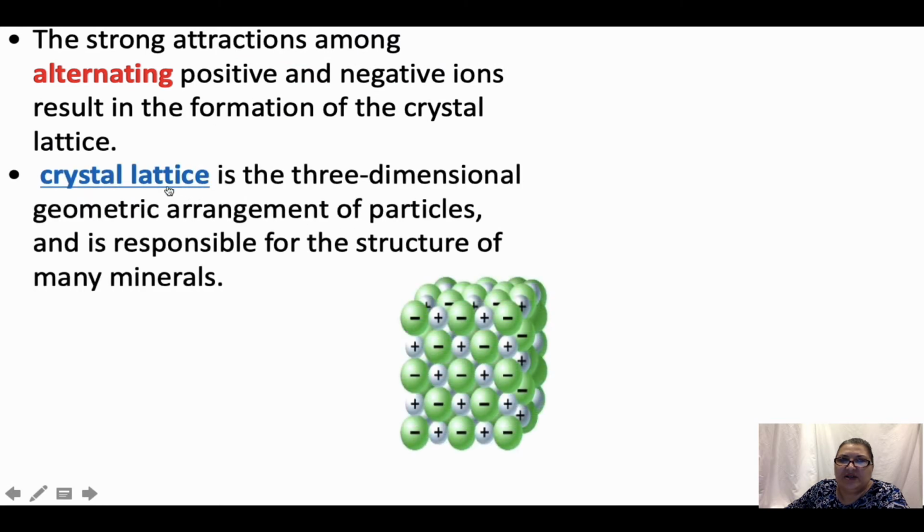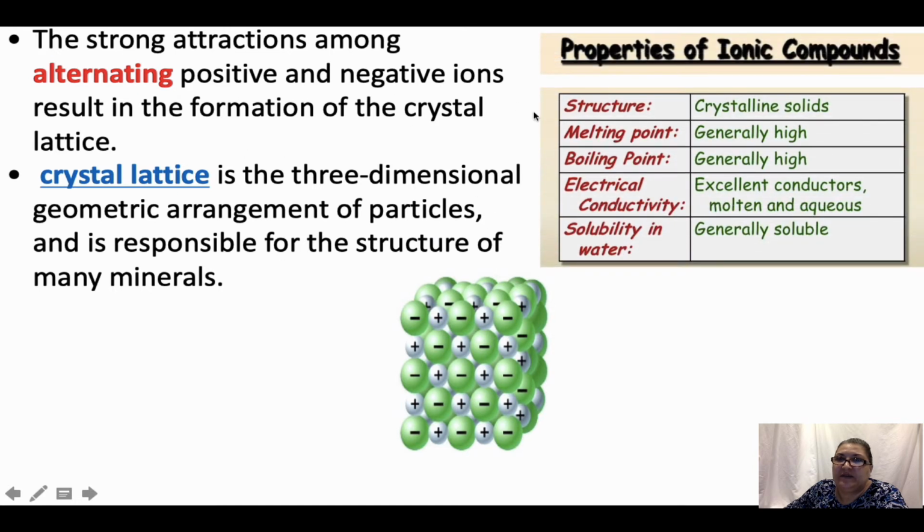The structure is called a crystal lattice, a three-dimensional geometric arrangement of particles in which each positive ion is surrounded by negative ions and each negative ion is surrounded by positive ions. It varies in shape due to the sizes and relative numbers of the ions bonded. Alternating positive and negative.